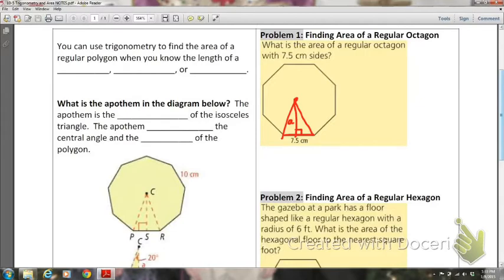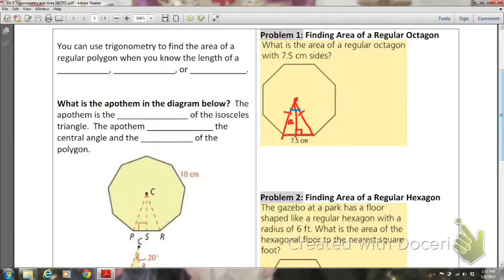Now the radii are all congruent, so those two sides are congruent. You need to know the measure of this central angle for this octagon.